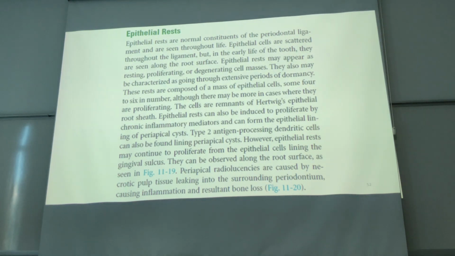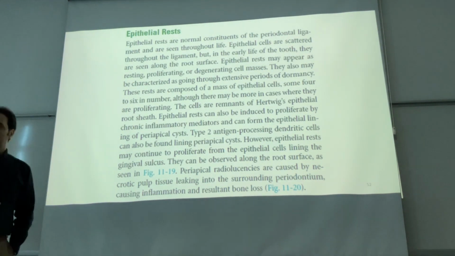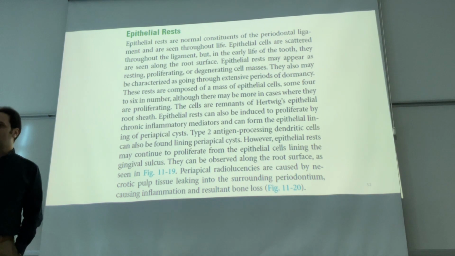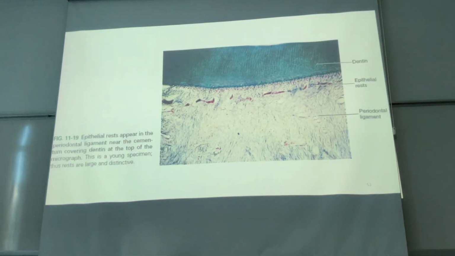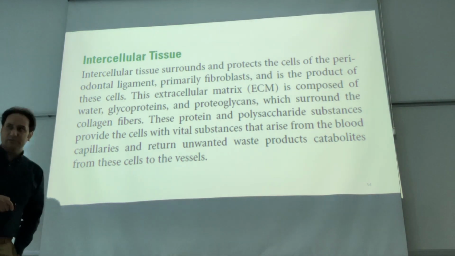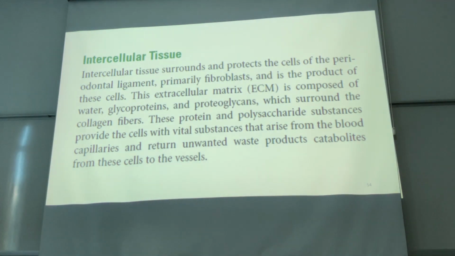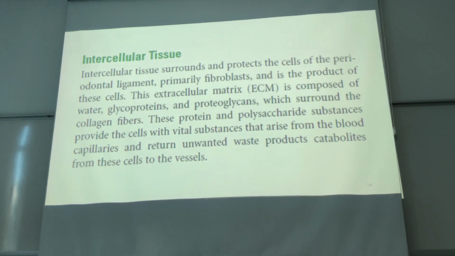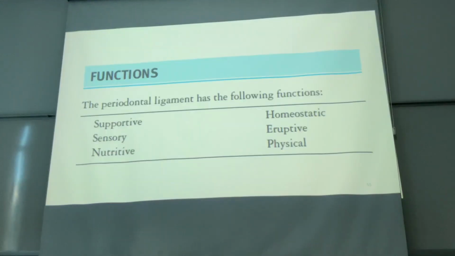Okay. Here you can see the other structures present in the periodontal ligament. It's our epithelial rest. You know the function of the epithelial rest. Here you can see the epithelial rests stained in red. And also we have intercellular tissue, or ground substance, composed of different glycoproteins, proteoglycans, and glycosaminoglycans.